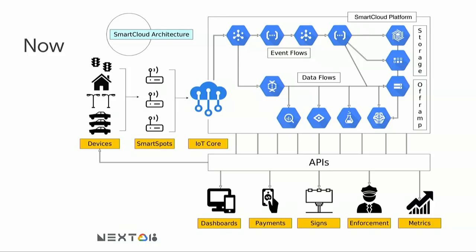And this is what we've moved to. We've gone completely to using IoT Core as the bottom end, which ingests and egresses messages from devices and sensors through our gateways, which we call smart spots. Then we process those messages coming in using Cloud Functions into PubSub. PubSub is just awesome. It's the way we split information into different pools, and we're delivering this information into both Bigtable and BigQuery, doing processing of it using logic.